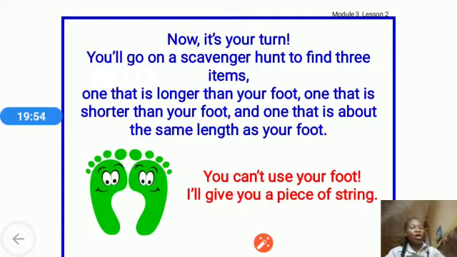Now compare your object to your string as well. You can compare your object to your foot. Also, is your object shorter than your foot? Now, can you give me a statement about that? Good.